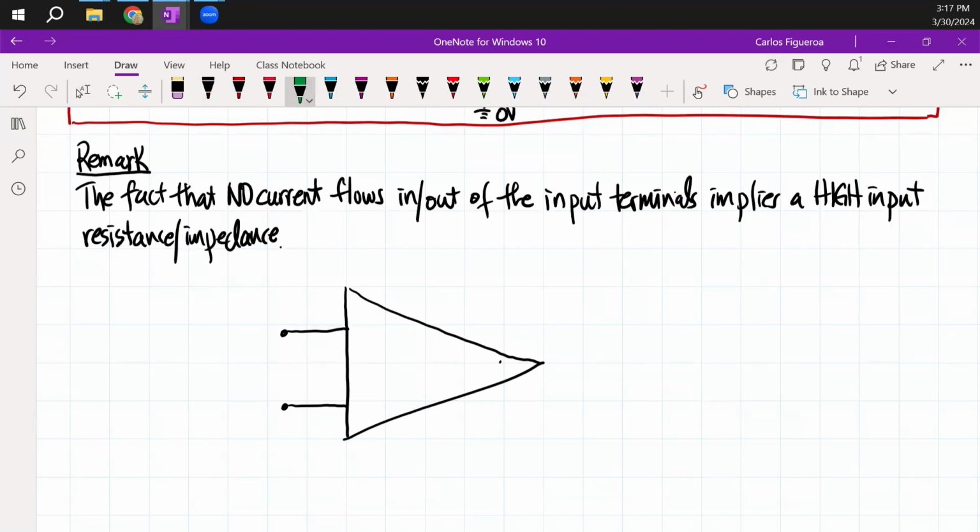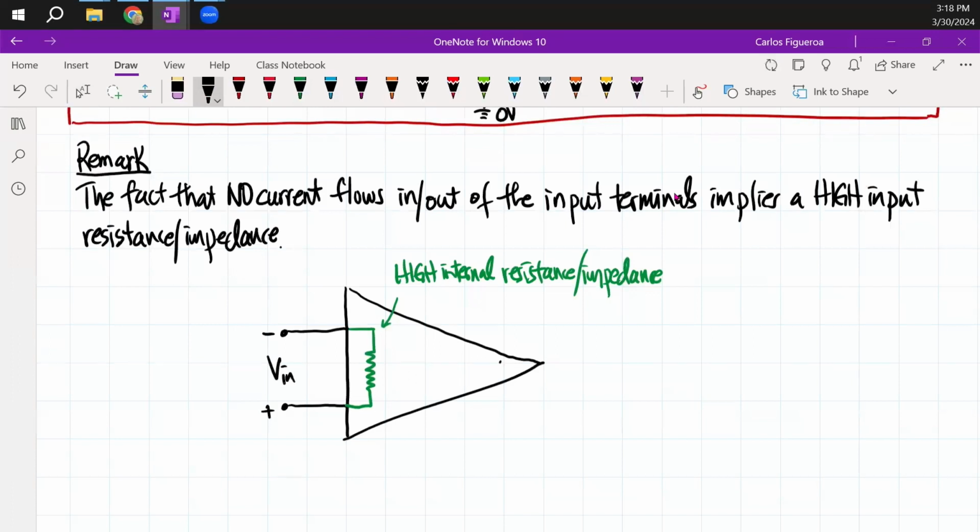Because this guy here has a high internal resistance or impedance. And again, this is minus plus, and we're talking about Vn here.